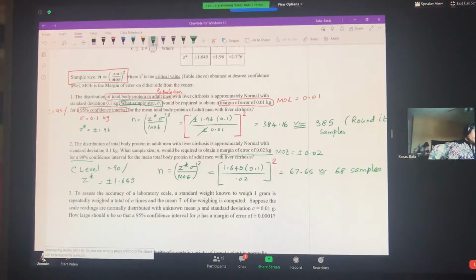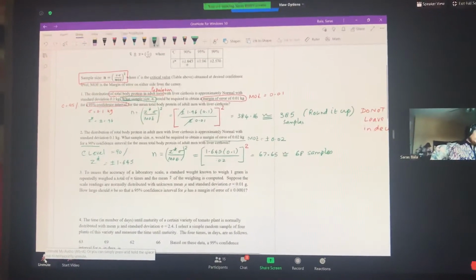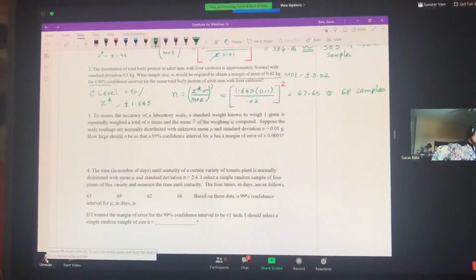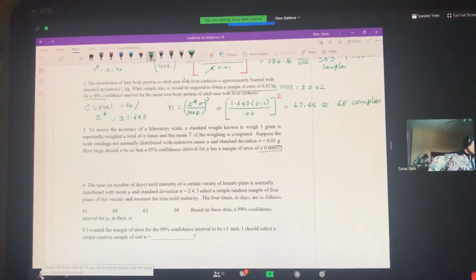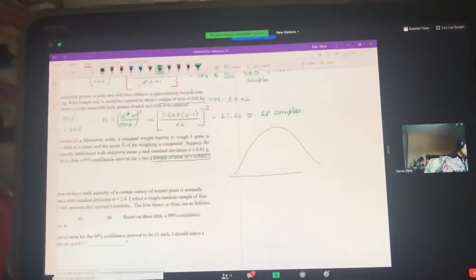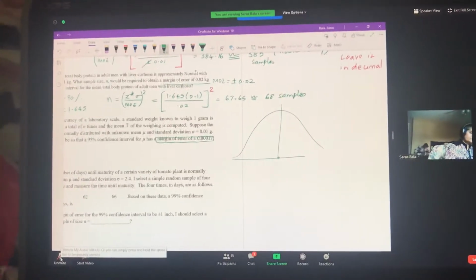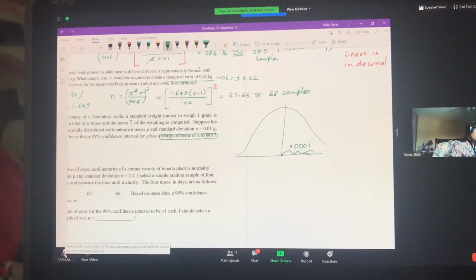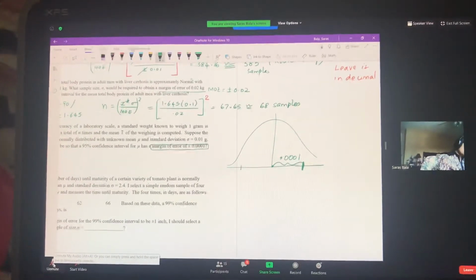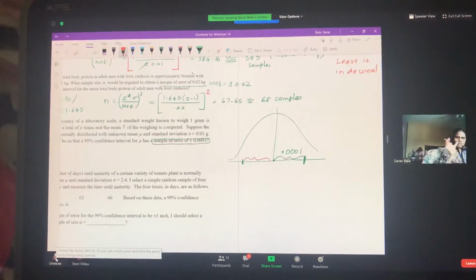Now, the next problem is going to be having a very, very tiny margin of error. So the tiny margin of error on either side is going to be just about 0.0001. Look at the accuracy of your margin of error, which is negative 0.0001.